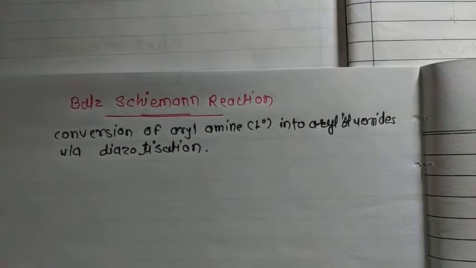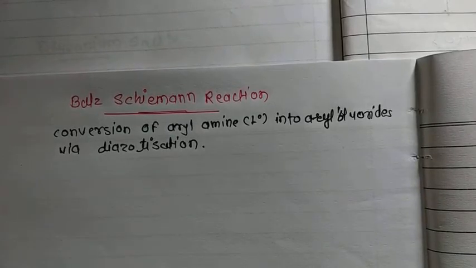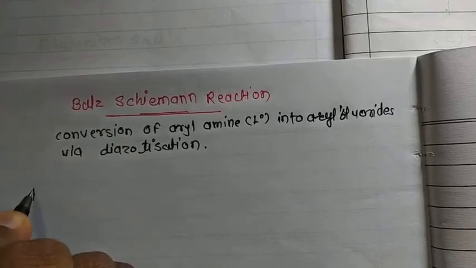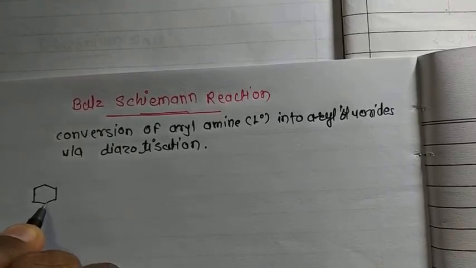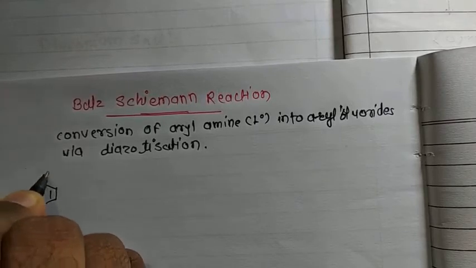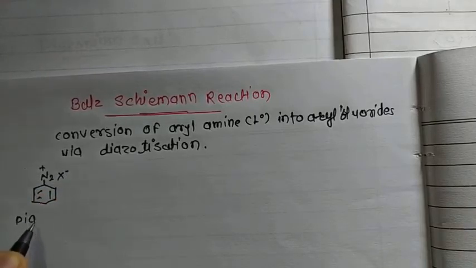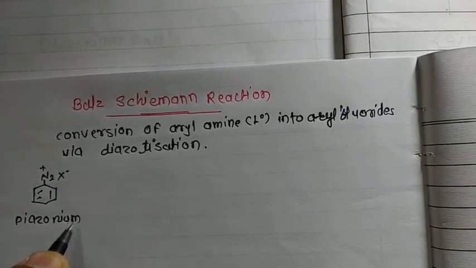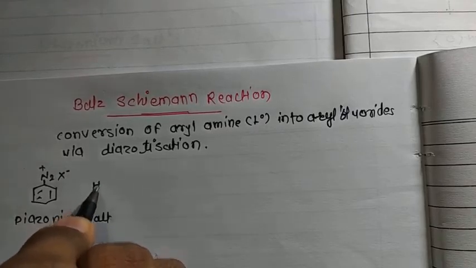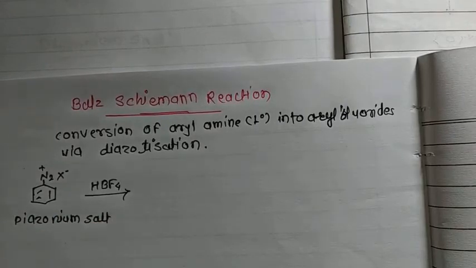Okay, so what we have to do in this reaction? In this reaction, we have to take a diazonium salt. So the diazonium salt is, we have drawn this structure, N2 positive, X minus. This is a diazonium salt. It reacts with HBF4, fluoroboric acid.